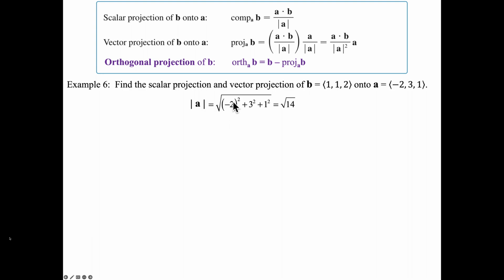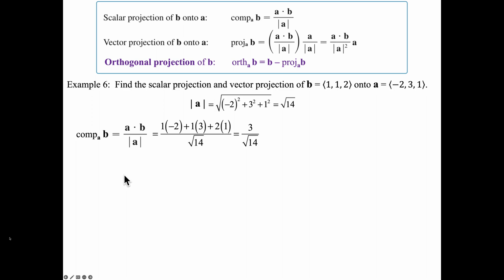Negative 2 squared, 4, plus 3 squared, 9, plus 1, that's going to be the square root of 14. Now we're going to find that scalar value. So A dot B, and then we'll divide it by the square root of 14. So 1 times negative 2, 1 times 3, 2 times 1. We'll add those together: negative 2 plus 3 plus 2. Those two cancel out, leaving me 3 over the square root of 14.